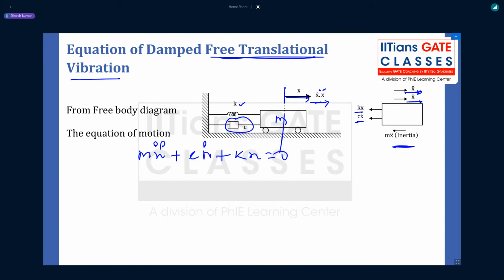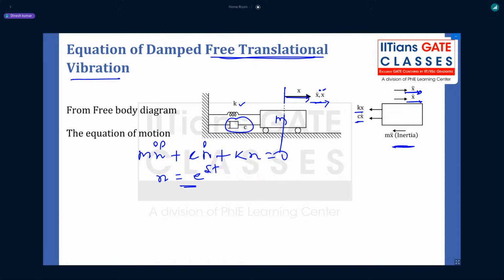Now guys, we know it is a differential equation of second order. So what is the solution for this equation? Can anyone tell? Mr. Ravi, what is the solution for this equation? The solution is given by x equal to e to the power st, which we know from mathematics, right?